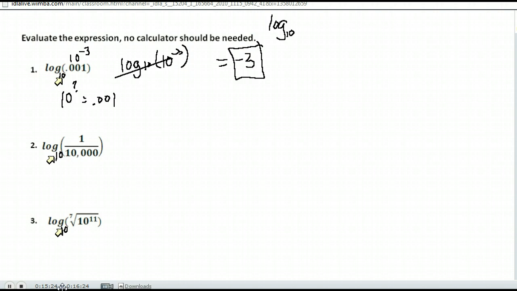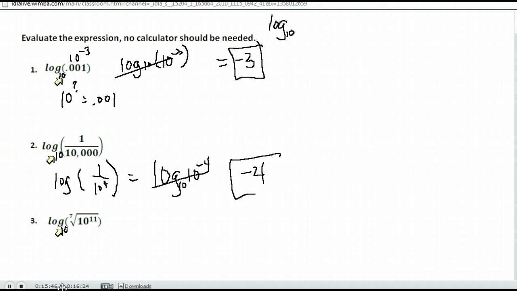Here's another one, log base 10 of 1 over 10,000. Remember 10,000 is 10 to the 4th power. The fraction tells us that's the same as 10 to the negative 4th power. So we have log base 10 of 10 to the negative 4, which is just negative 4.